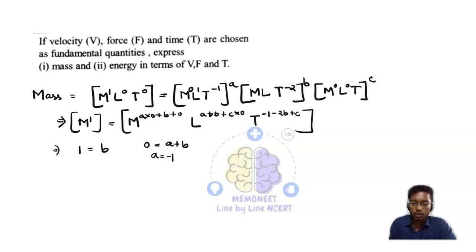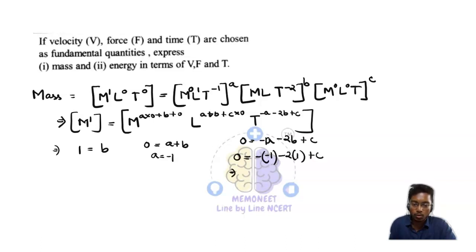For the time we have 0 in the LHS side, and that is equal to minus a plus minus 2b plus c. So from here a is minus 1, minus of minus 1 is 1, b is 1, minus 2 into 1 plus c.